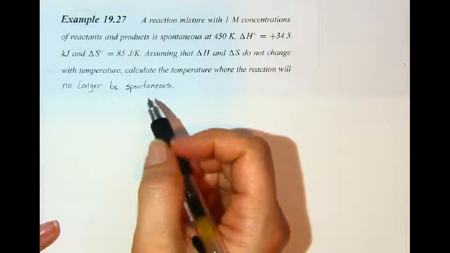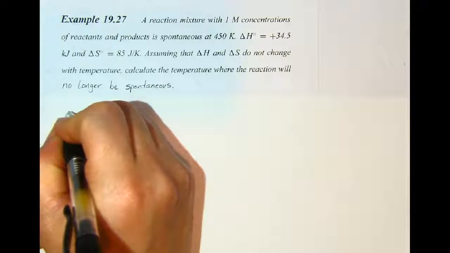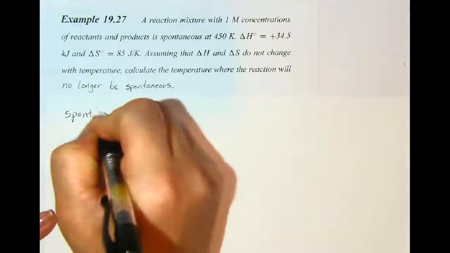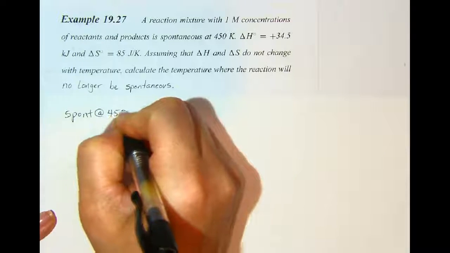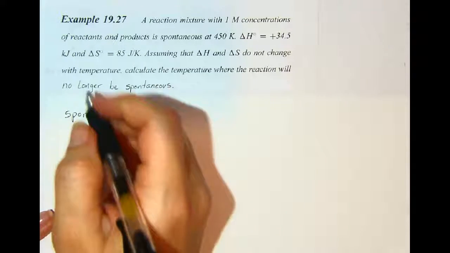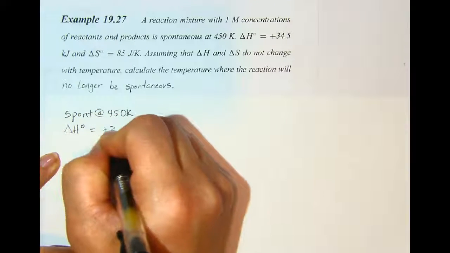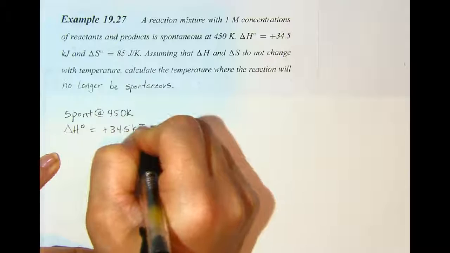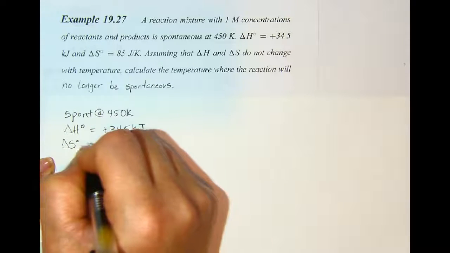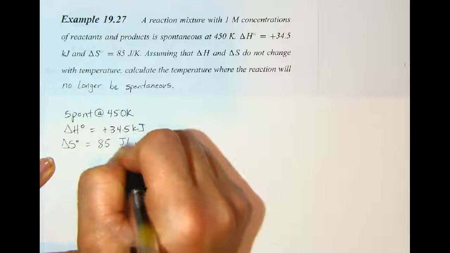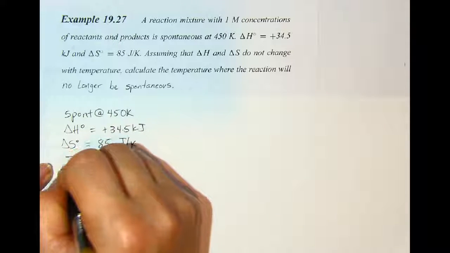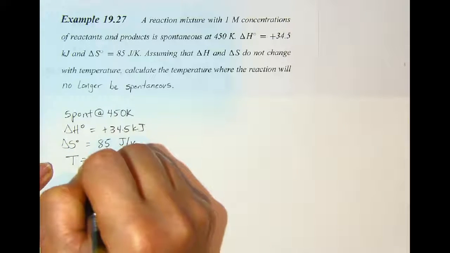So there are several things we have to consider with this. First of all, it's spontaneous at 450 Kelvin, and I've been told I have a delta H of positive 34.5 kilojoules, a delta S of 85 joules per Kelvin. I've been asked, what is the temperature?